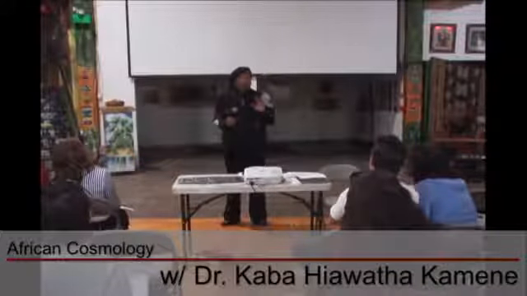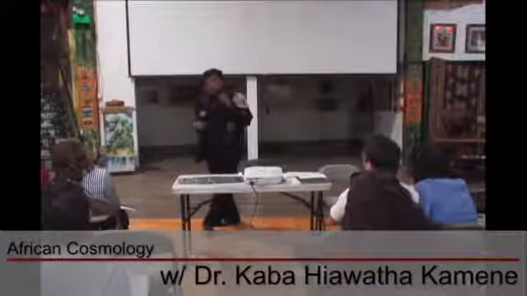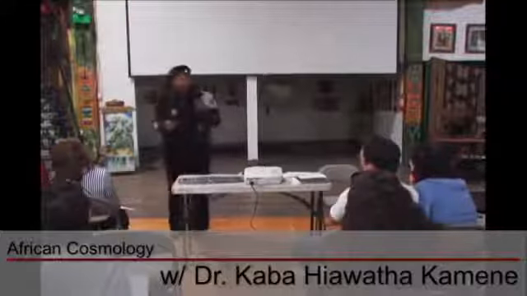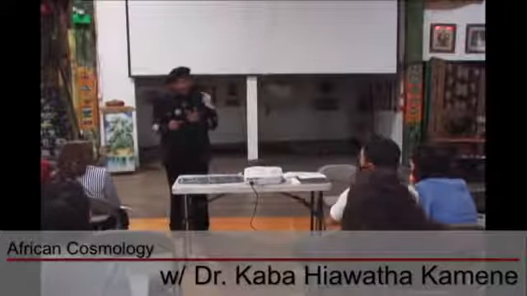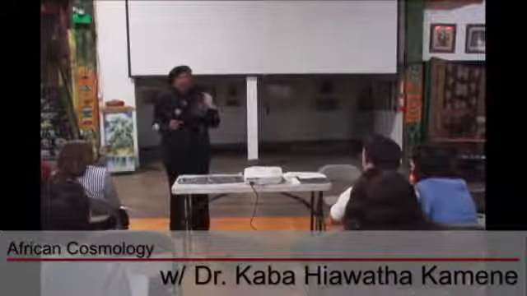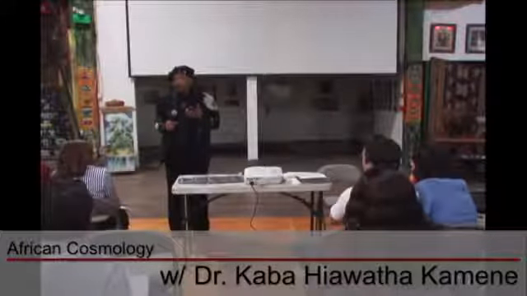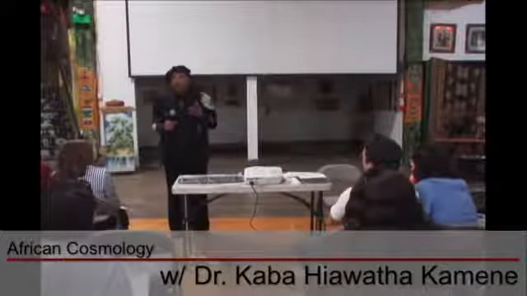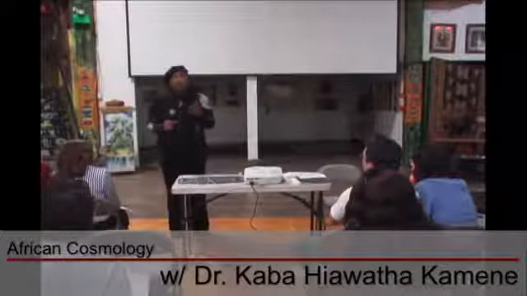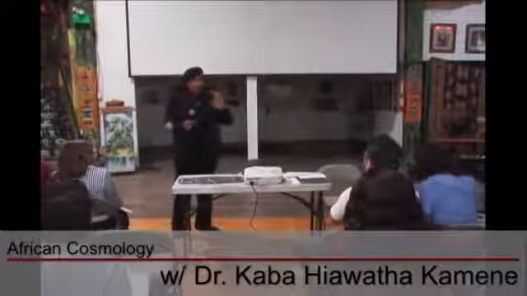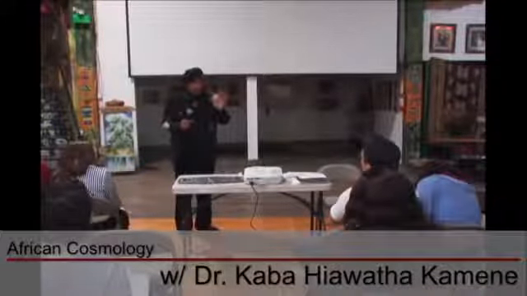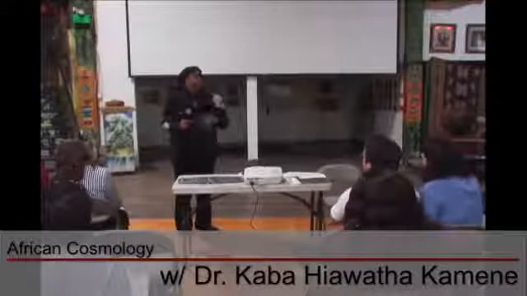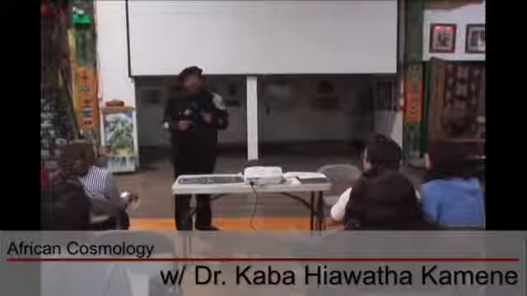However, in Kemet, during the 25th dynasty, there was a pharaoh by the name of Shabaka. Shabaka went into what we today call Memphis in Egypt. Menefer is another name, Hikupatar is another name.